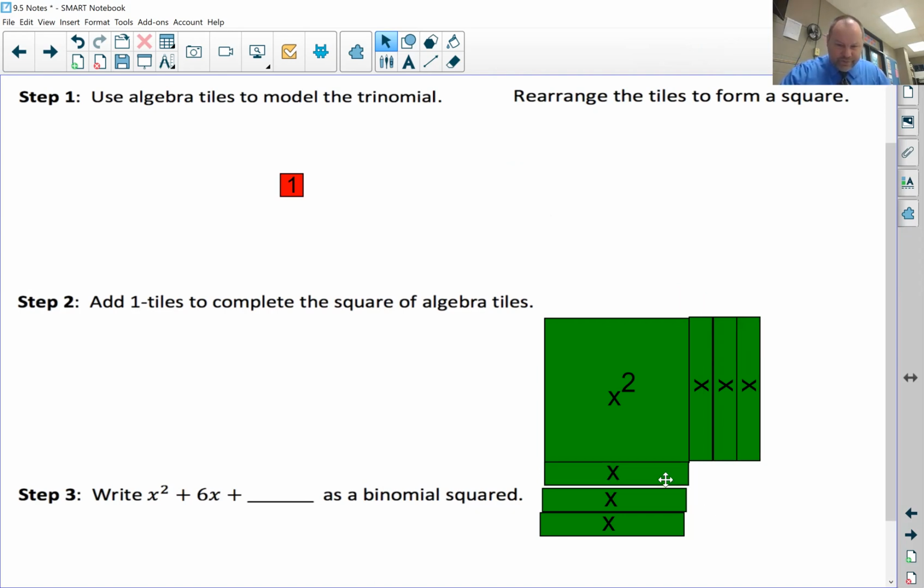So we want to make this thing a perfect square. And this is where the perfectionist in me kind of takes over. Gotta have it lined up, gotta have it looking good. There we go. So we're gonna add these red 1 tiles. I'm gonna do my best to line them up nicely. And we're gonna fill in this little gap at the bottom.